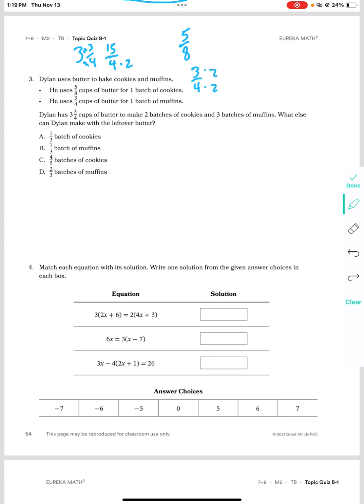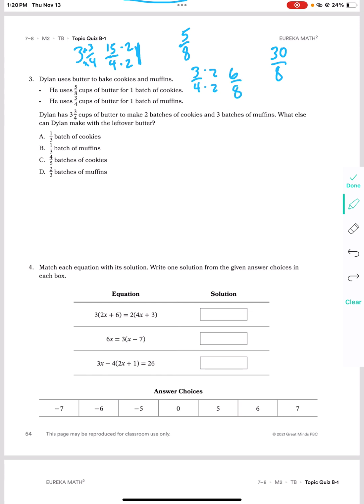So I will multiply the 2 that don't have 8 by 2 to get 8 as a denominator, which means the amount of butter he has would be, I'm going to write it over here, 30 over 8, because that's what I did over here. And then this one can stay the same, but this one would be 6 over 8.